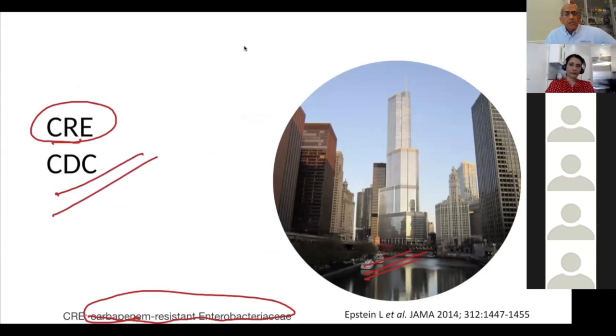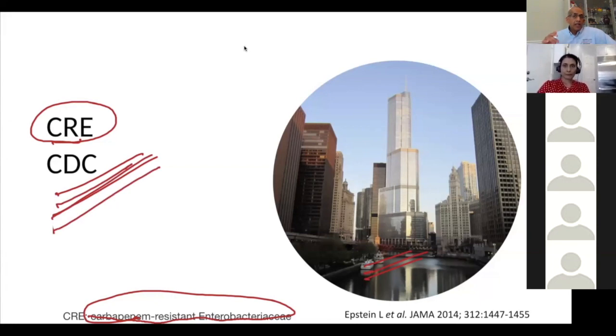You must understand this. CDC does great work. Whenever there is a multi-drug resistant bug in any hospital and they think that they have reached a particular signal, they actually come down and investigate, and they actually did a lot of work to define the reason for the CRE infection in that hospital.